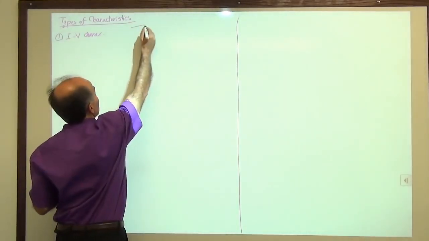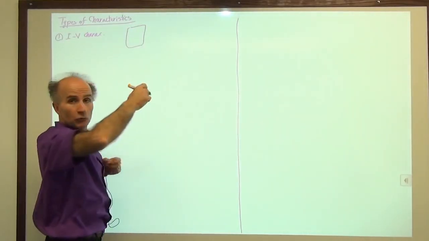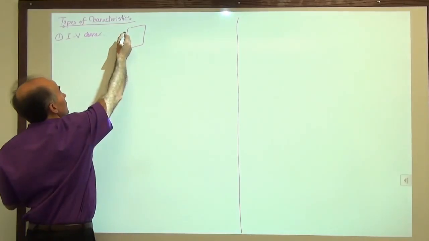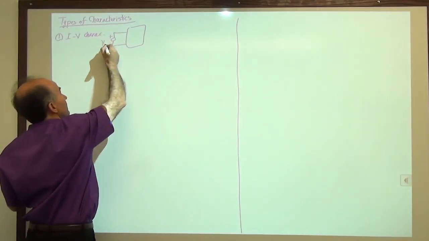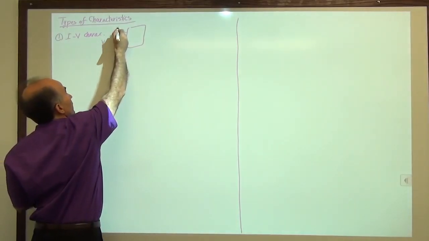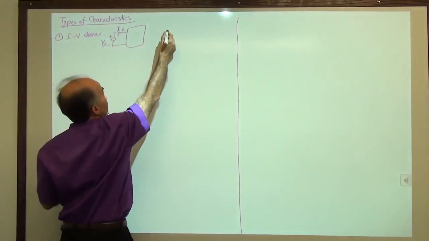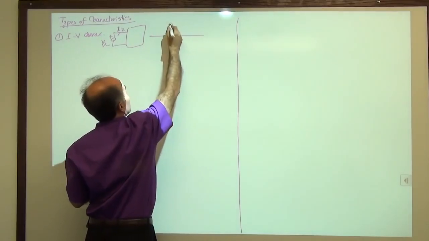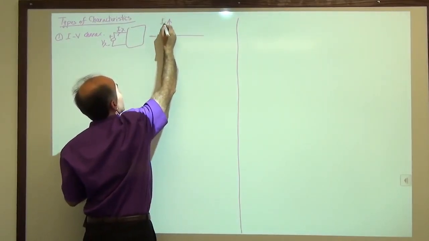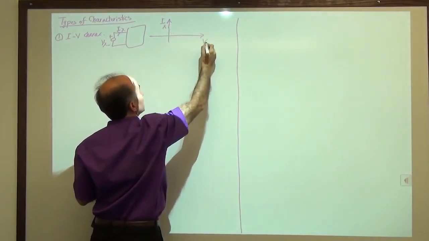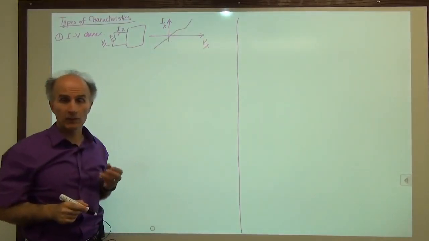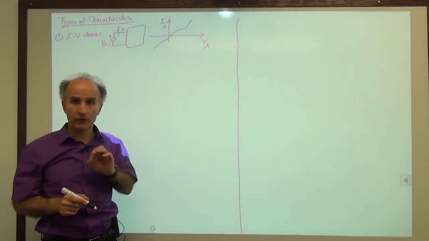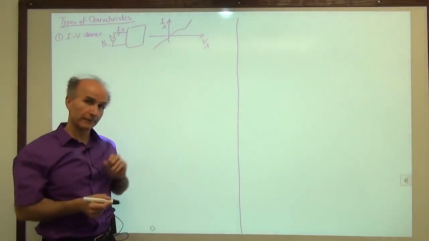So we have something here, it could be a complex circuit. We apply a variable voltage, Vx, measure the current, and then plot the current as a function of the voltage. So Ix as a function of Vx. And it could be all sorts of things, we don't know. That is what we call the IV characteristic of this black box.